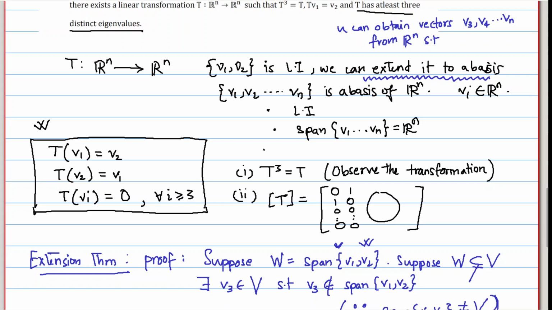Plus or minus 1, and the others are 0. So x equal to plus minus 1 and the others are 0, right? Yes, we have 3 distinct eigenvalues. So this transformation T works.